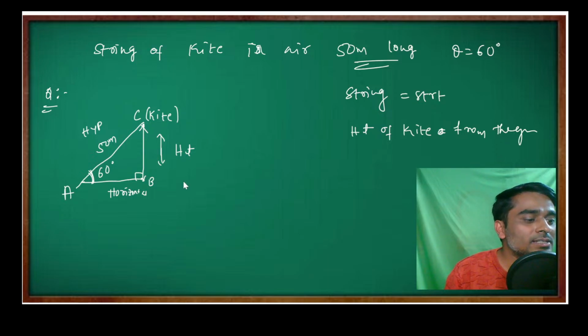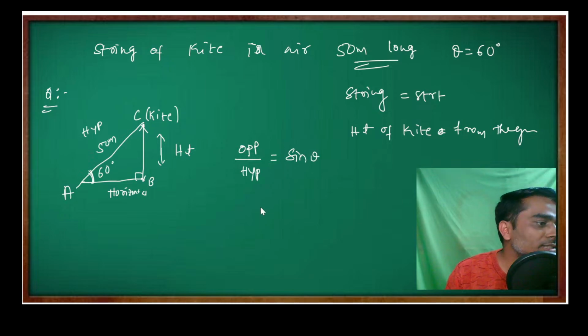So how will you do this? First identify which trigonometric function you will use. What are they asking you? Height. Height means opposite. And what have they given you? Hypotenuse. So this is sine theta, opposite upon hypotenuse. I'll write here sine 60 equal to opposite, H, upon hypotenuse, 50.